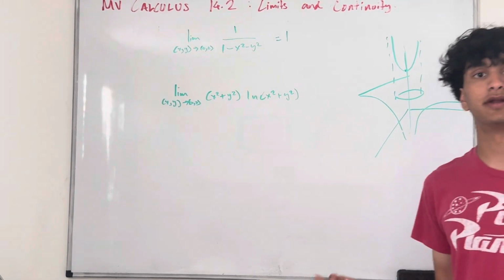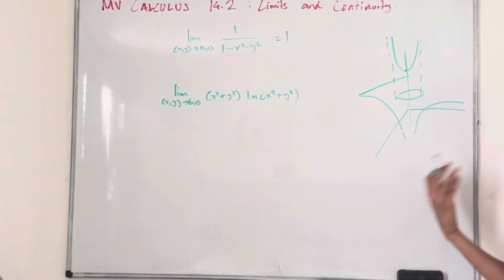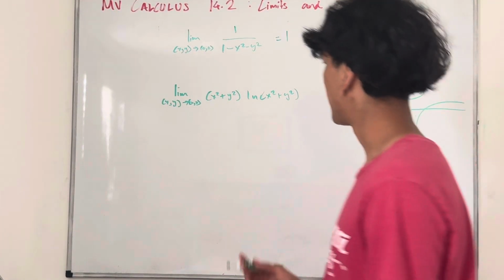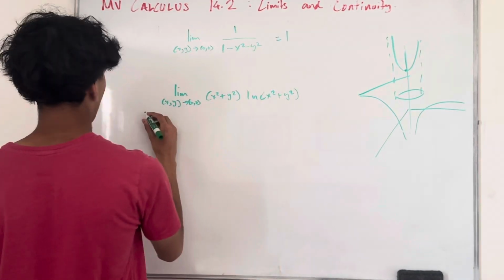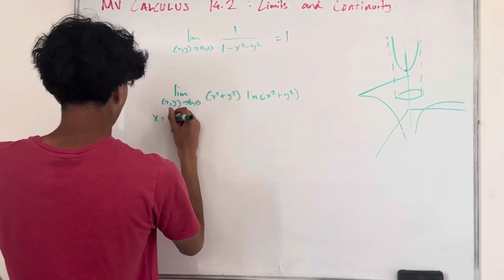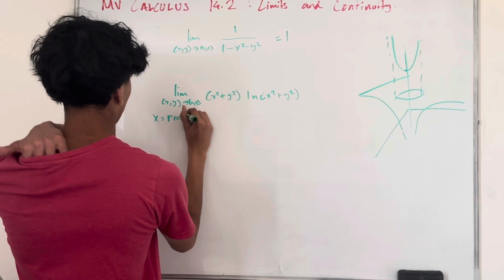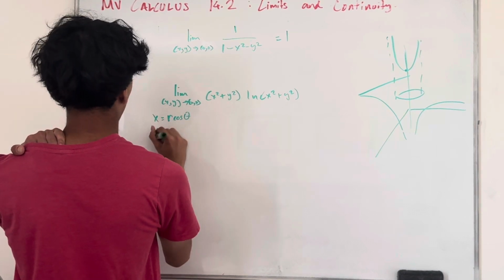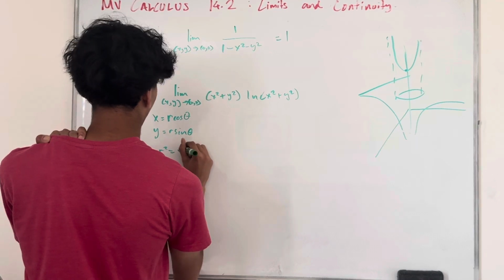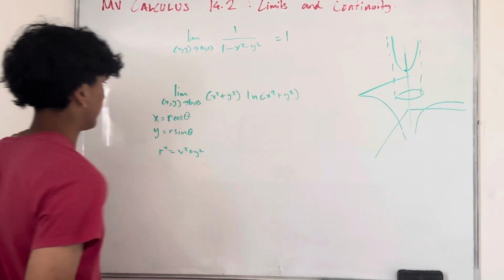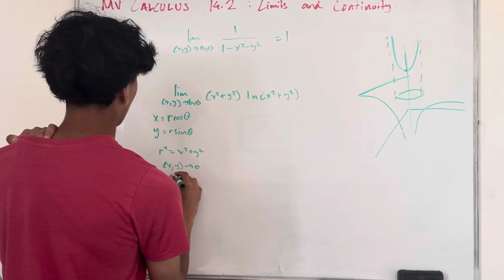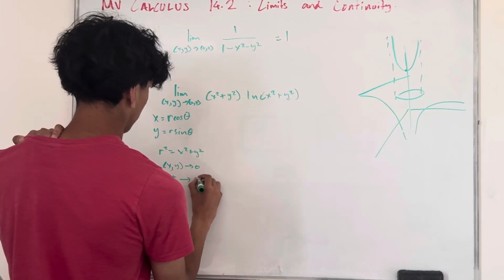That is indeterminate. And one way I can go about solving this is actually thinking about polars. I know from the polar definition that the x coordinate in Cartesian is really just r times cosine theta in polar. Y is r sine theta. And I know that r squared is going to equal x squared plus y squared. So as x and y approach 0, r would also approach 0, right?